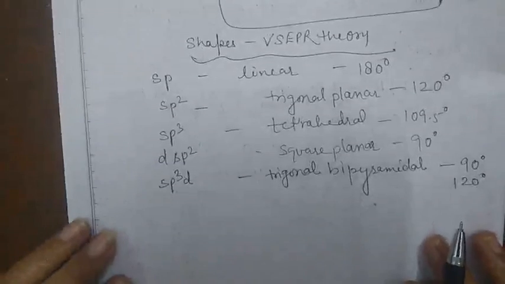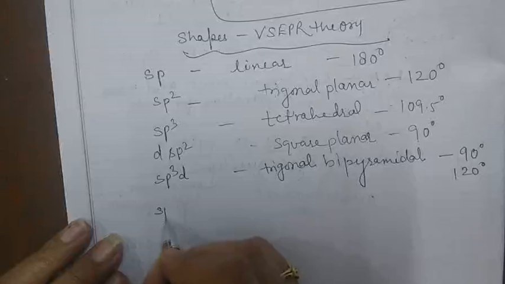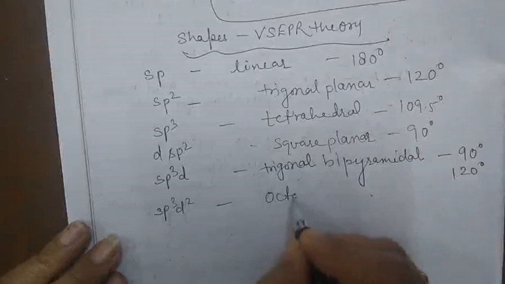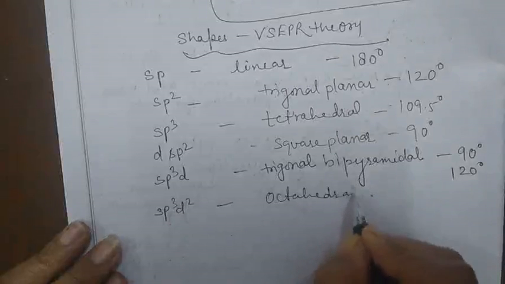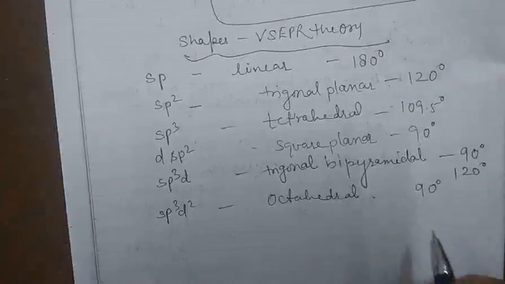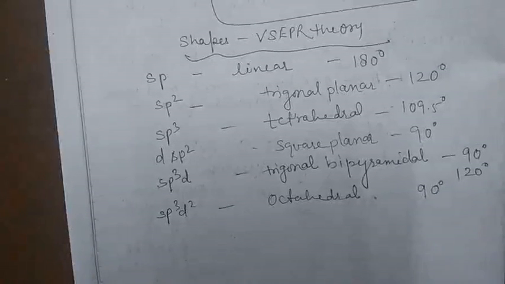And in case of sp3d2 hybridization, the shape is octahedral, and in case of the octahedral shape, the angle is 90 degree.